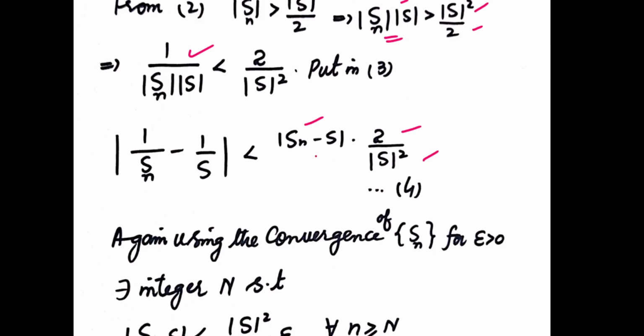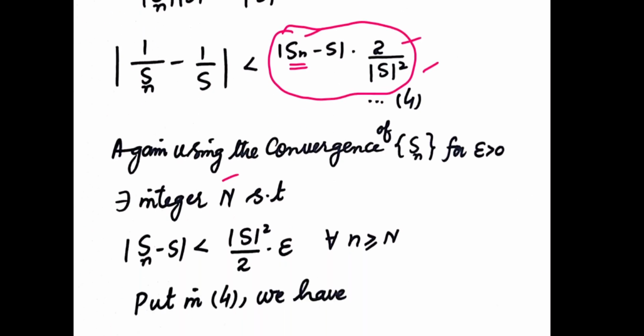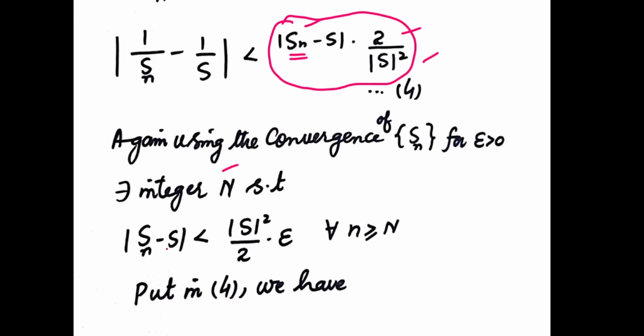Lastly, again we will use the convergence of sequence Sn. So what will we set here? This final term becomes epsilon. Again, using the convergence of Sn, for epsilon greater than 0 there exists a positive integer n such that absolute Sn minus S is less than my new epsilon, that is S absolute square by 2 into epsilon, because when you substitute this epsilon here, the final term in this inequality becomes epsilon.